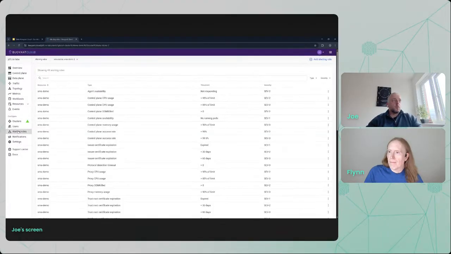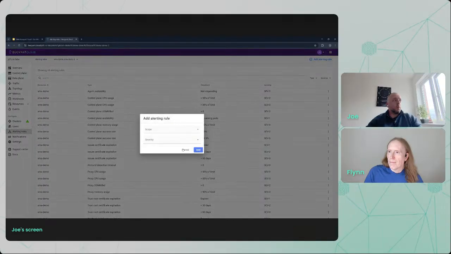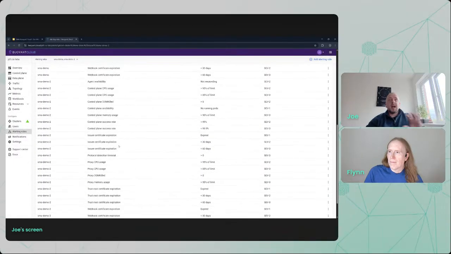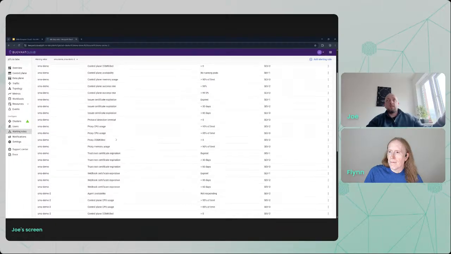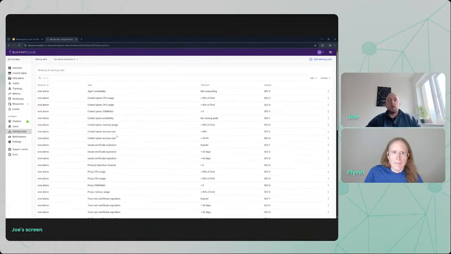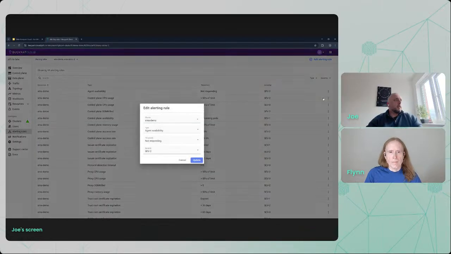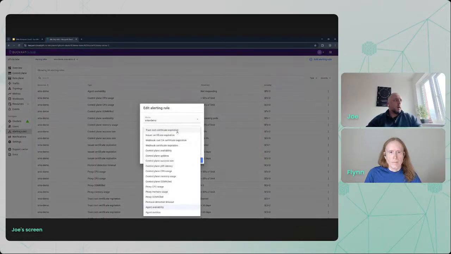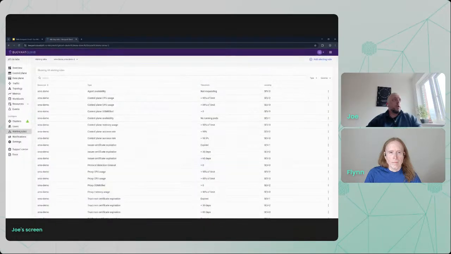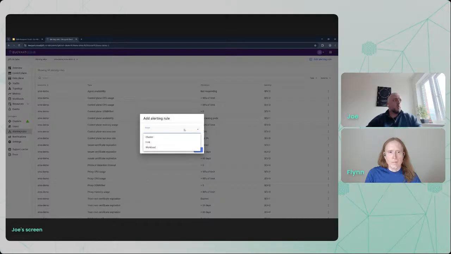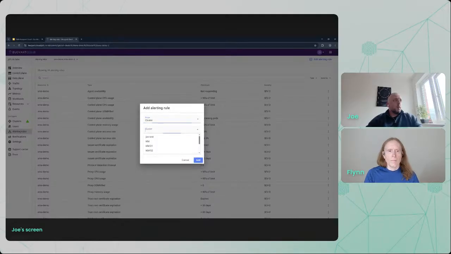Those alerting rules that we've got, you can obviously add a rule. We do provide a lot of this out of the box. I've not set any of these up myself. This comes with the Buoyant Cloud deployment, but you can edit these, and you can do quite a lot with these rules, or you can just add your own. You can add a rule, set a cluster.